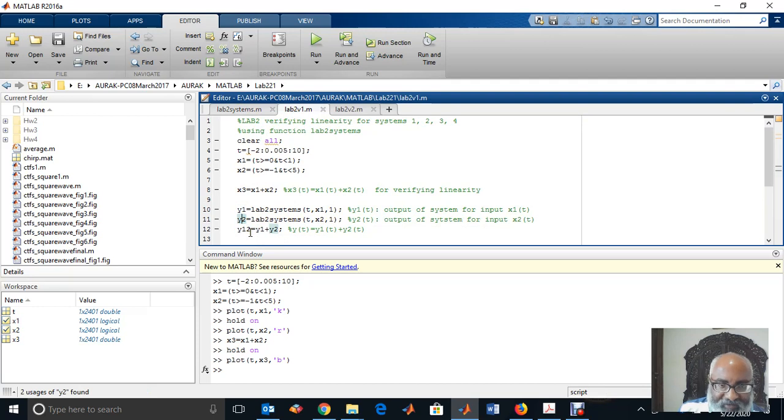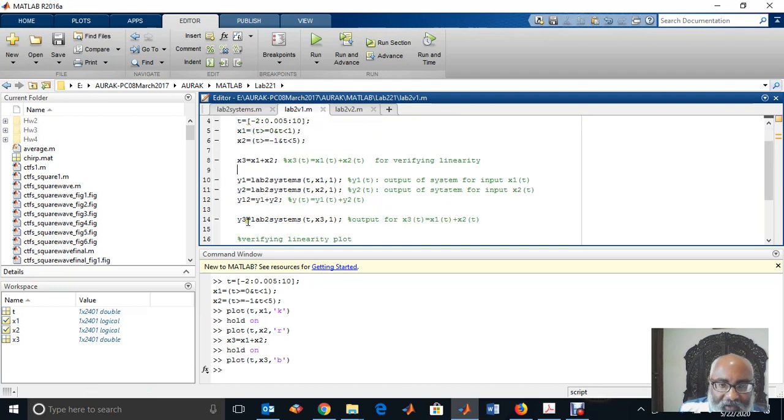And we determine y12, which is y1 plus y2. Now we pass x3, which is a combination of x1 and x2, to the system, and I get y3. Now, according to linearity, if y3 is the same as y12, then we say the system is linear.